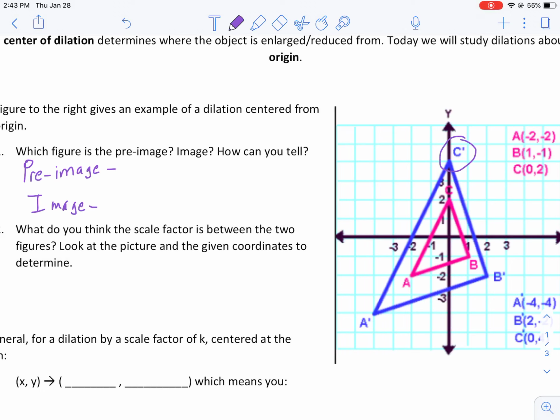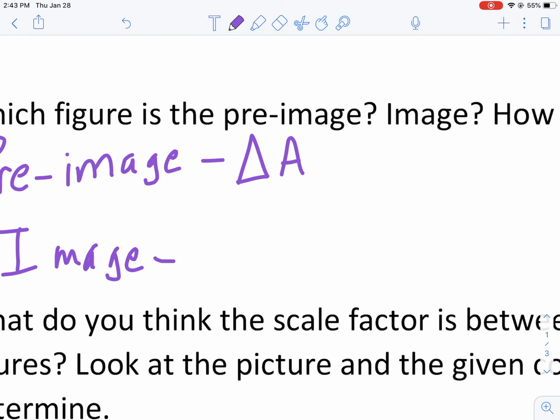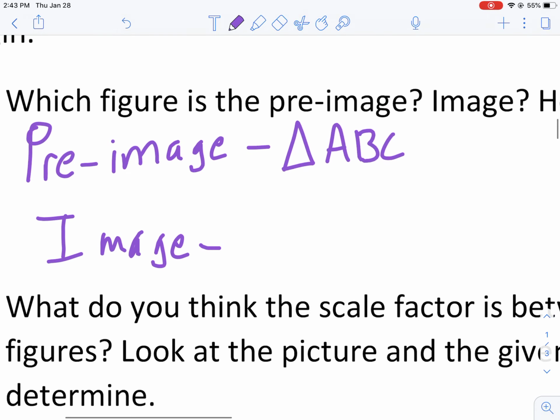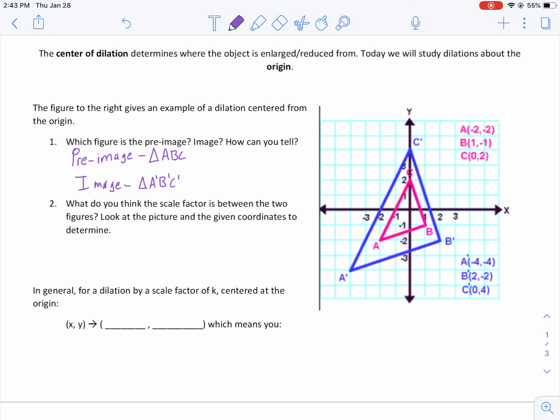Remember, we call that C prime, all right, compared to just C right there, or we look down here, we've got A and A prime. So the image will always have the primes. So the pre-image is triangle ABC, and the image then would be triangle A prime, B prime, C prime, okay? So it's all based on the primes.